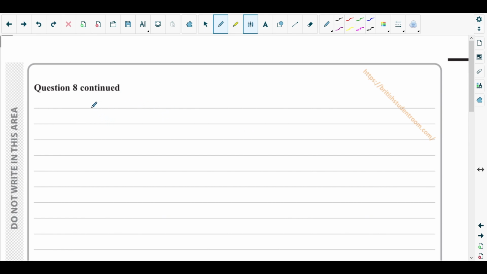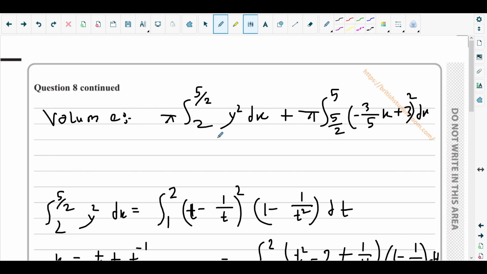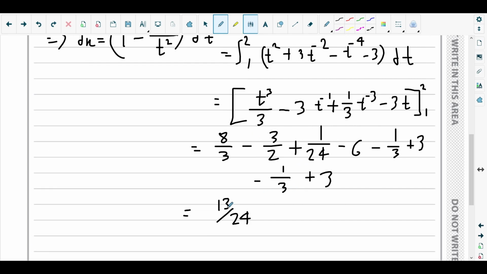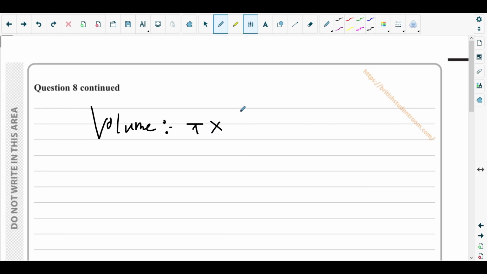So let's do that. We got pi times the integration of y squared. Since we already got the integration of this part, we just got 13 over 24.